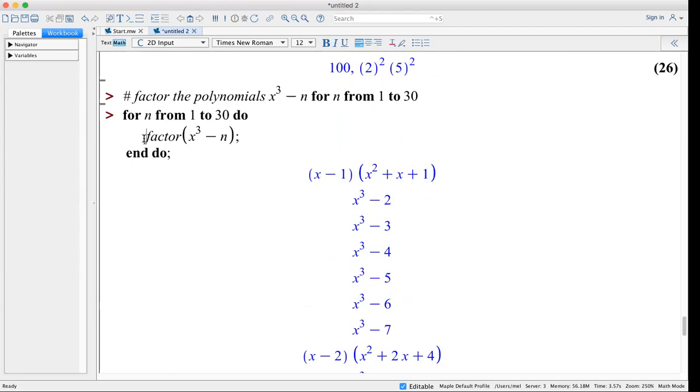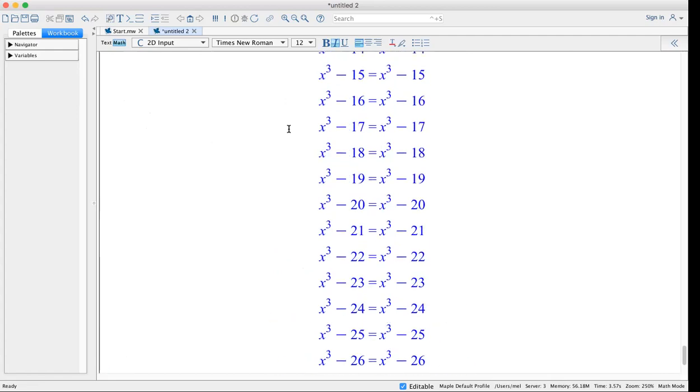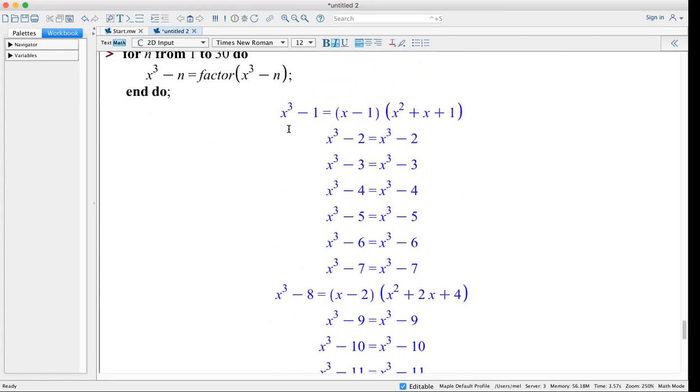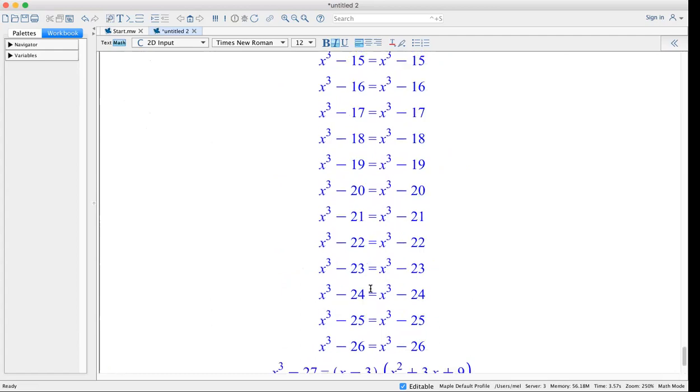Let me see if I can do something else. Let me write x cubed minus n equals. Let me see if this works. Aha, perfect. So x cubed minus 1 factors. These don't. This one does.